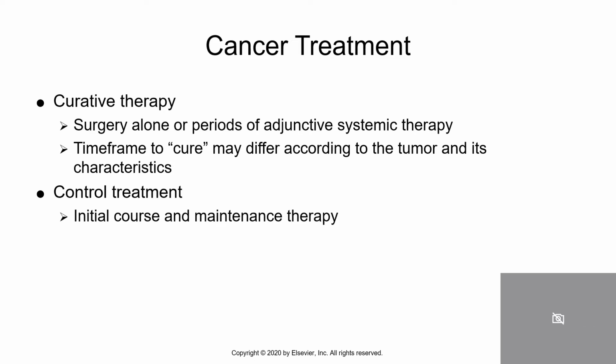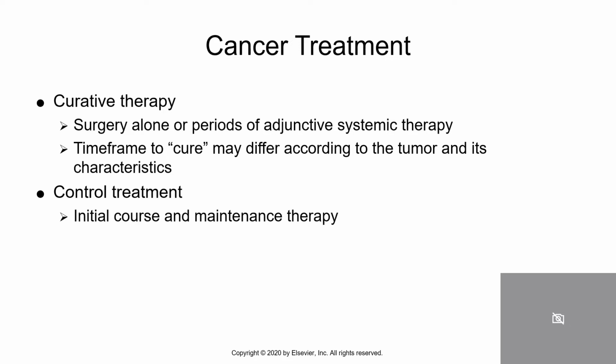Curative therapy would be a therapy that involves surgery, because you want to have the treatment offer that will have the biggest chance of getting rid of the cancer. It may involve some local therapy like surgery or radiation alone, or with a combination of other therapy like an adjunct systemic therapy, chemo, for example.